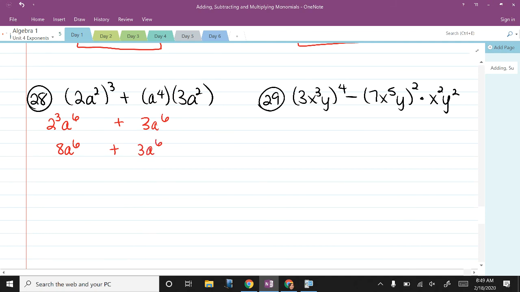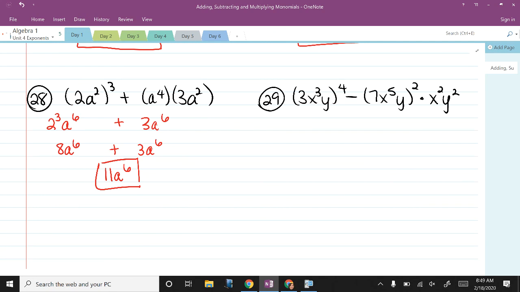Are those like terms? What do I get when I combine them? 11a to the 6. That's it. Simplified. Questions? Is that terrible? That ain't terrible. Not too terrible.